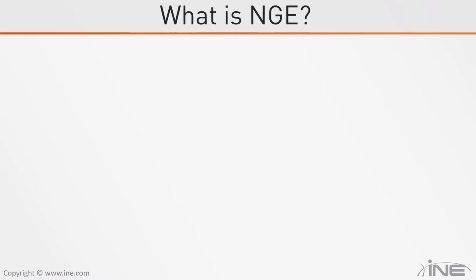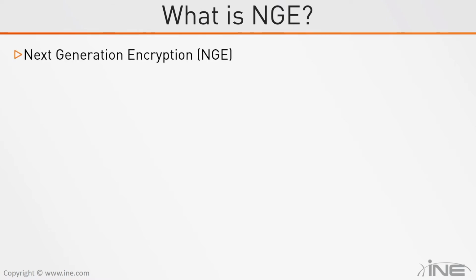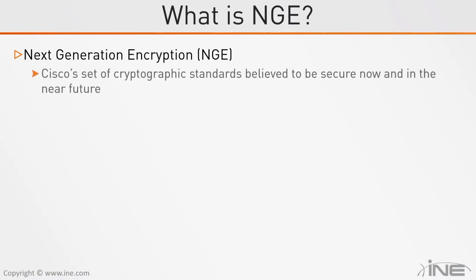Now, what Cisco did back in 2011 was come up with a somewhat similar concept to Suite B, which is known as next generation encryption. Next generation encryption is what Cisco thinks is going to be secure. This is also a set of cryptographic standards that are deemed to be secure, in the case of NGE specifically for the next 2 decades.